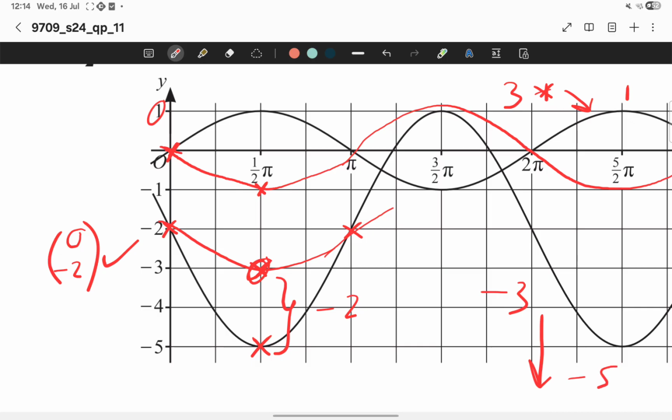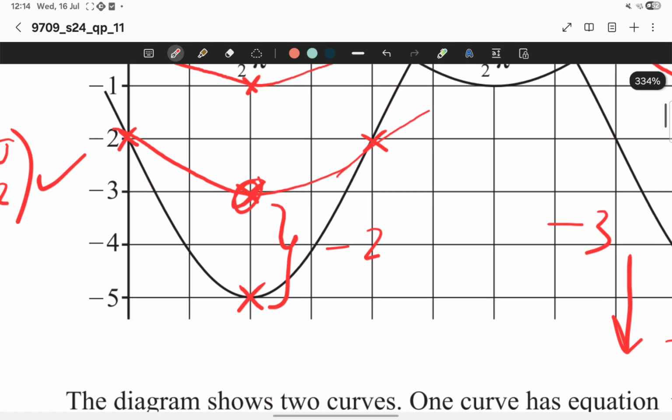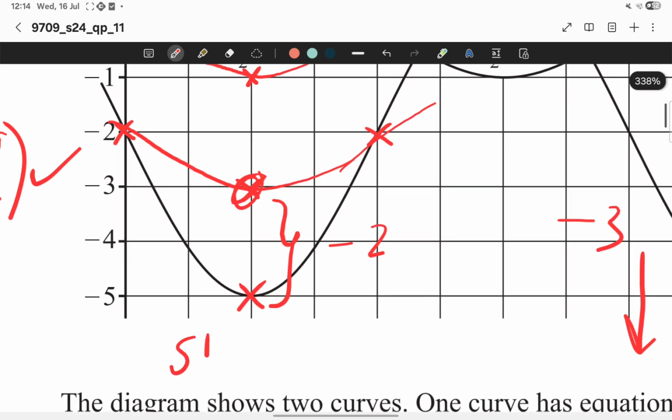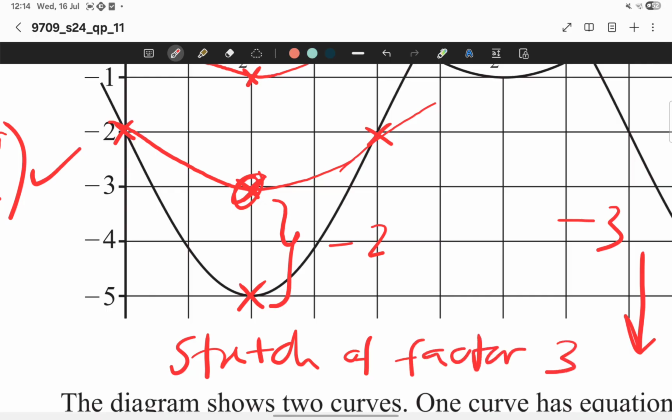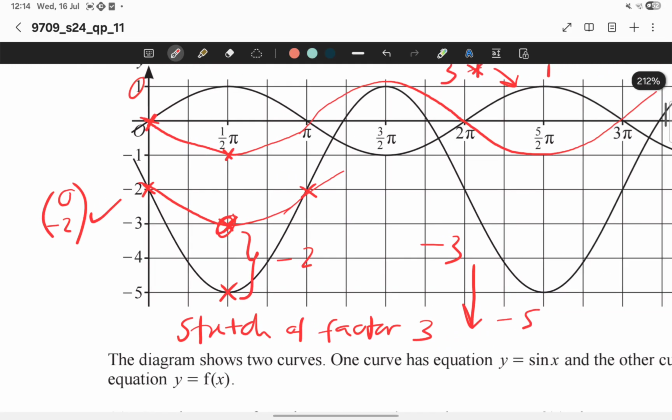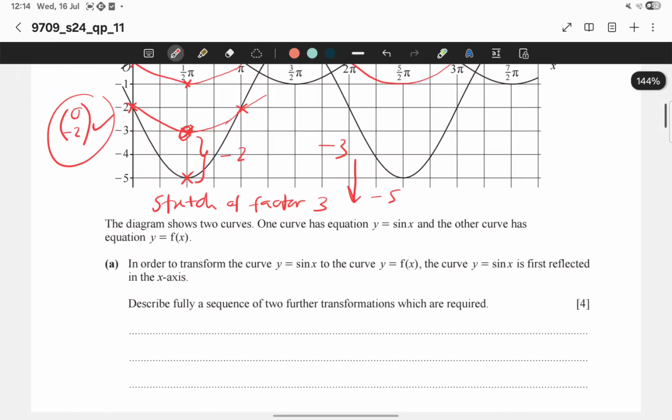So what happened here is we had a stretch of vector 3 in the y-axis. Then after that we had the translation by this vector, or 2 units downwards.